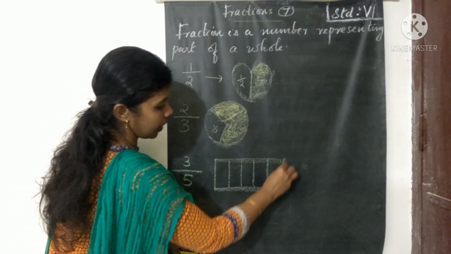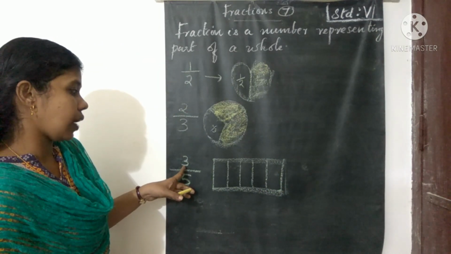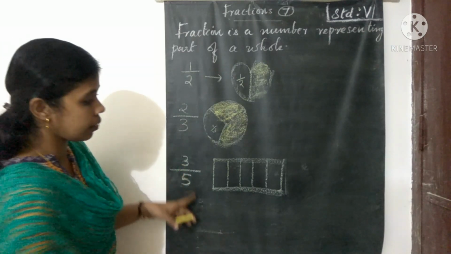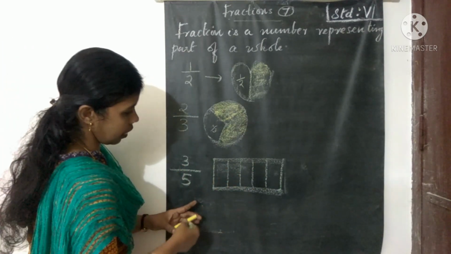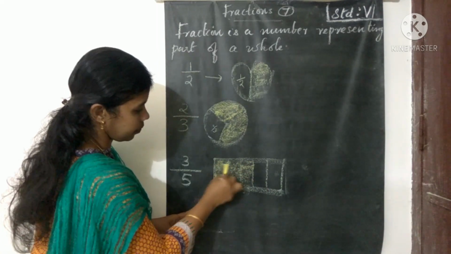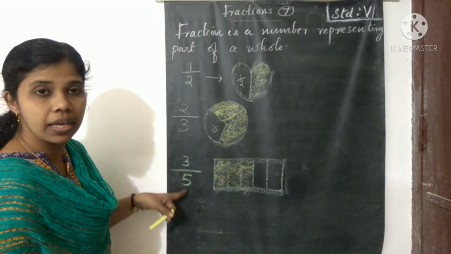Here in our fraction, how many parts do we take? 3 parts. 3 parts we take out. So this fraction represents 3 by 5.